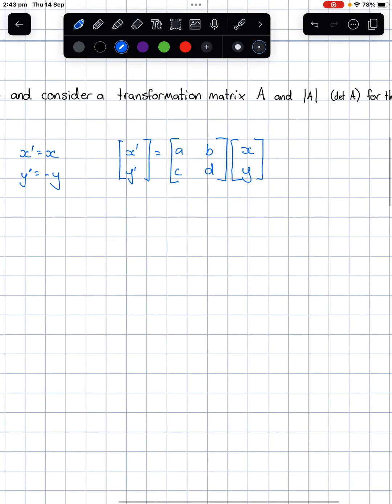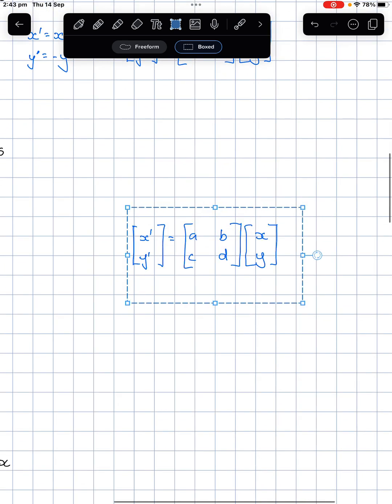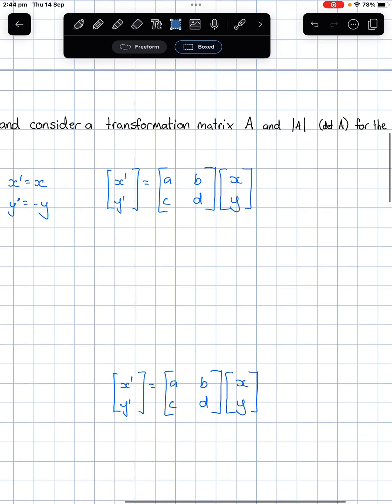If x is the same, that means that our A value has to be 1, B is going to equal 0 because we have no y coordinate, and D here must be negative 1.